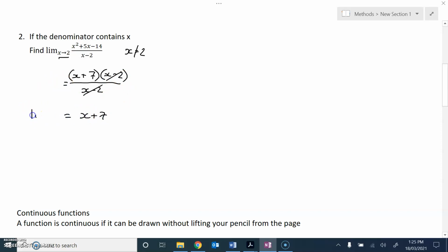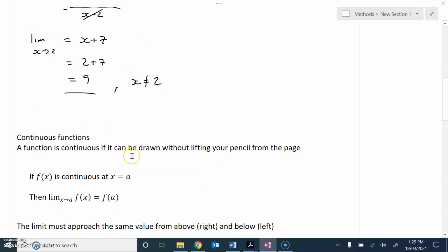I want the limit when x approaches 2, which is 2 plus 7, which gives me 9. So remember, x is not allowed to equal 2. Okay.